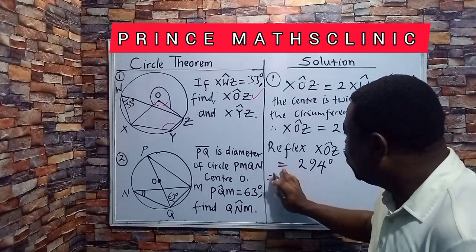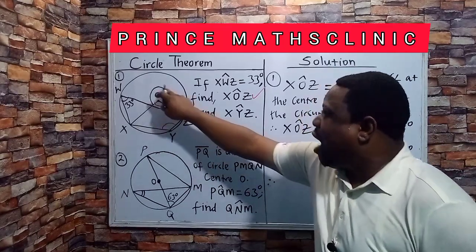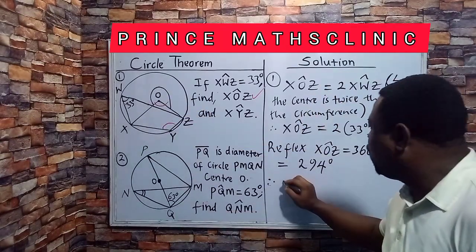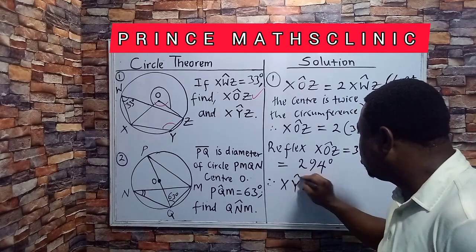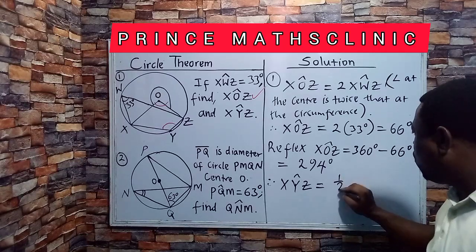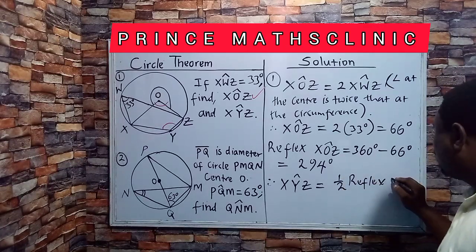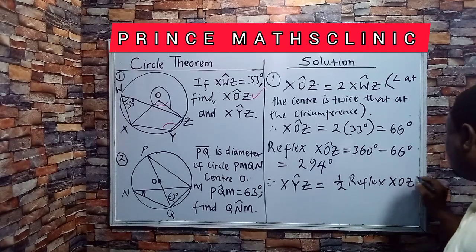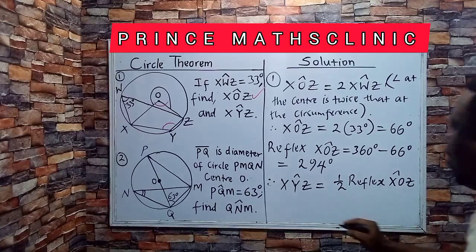Therefore, you know that angle at the circumference is half of this one. Therefore, XYZ is half of reflex XOZ.